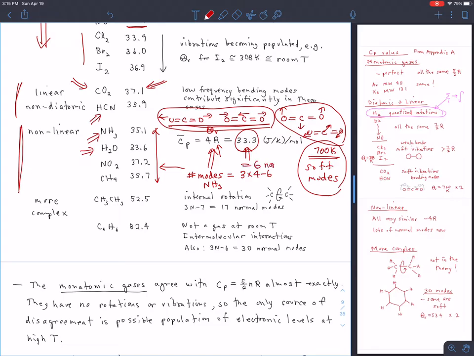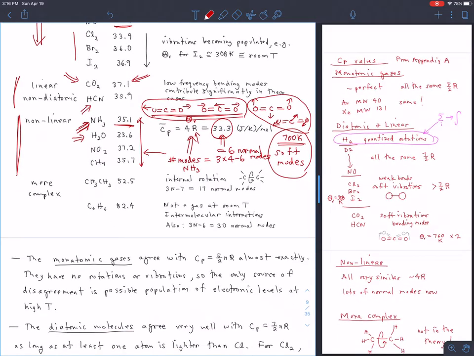normal modes for ammonia, and every one of them contributes, right? There are now 6 vibrational contributions to this molecule. And so even though each one of them is rather small, they add up. If you start getting a lot of normal modes, you start getting a contribution from vibrations, even if each normal mode is pretty stiff, even if you don't have any soft modes.